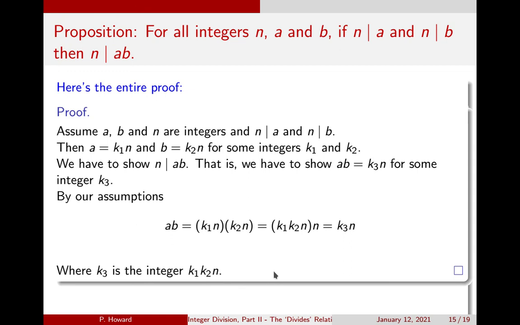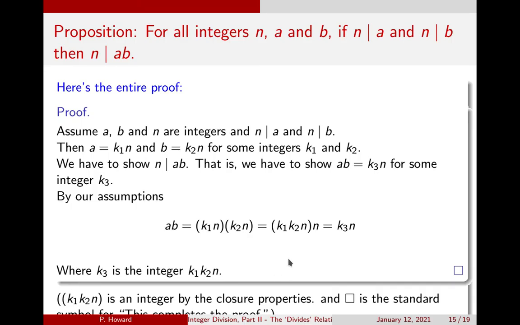That finishes the proof. We note that k1 times k2 times n is an integer by the closure properties for the integers, and this square is the standard symbol for the phrase, "this completes the proof."